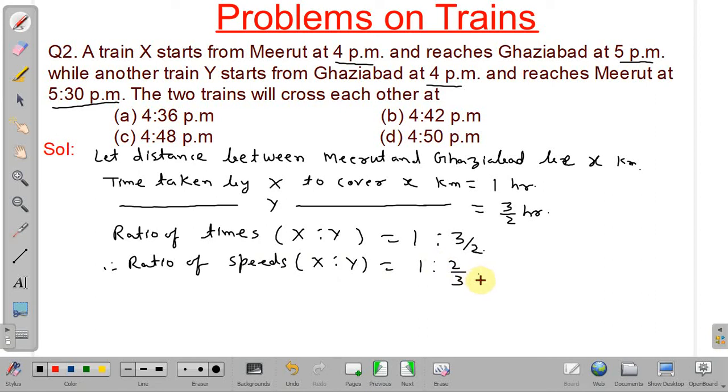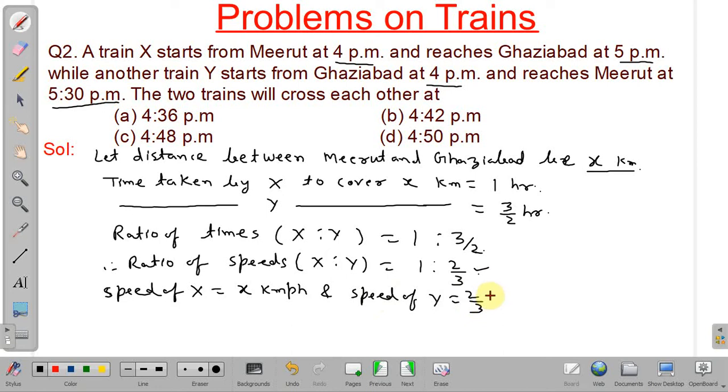Okay, we need to take the reciprocal. Now you can see train X is covering x kilometer in 1 hour, so the speed of train X will be x kilometer per hour, and the speed of Y will be equal to 2 by 3 x kilometer per hour. Okay.